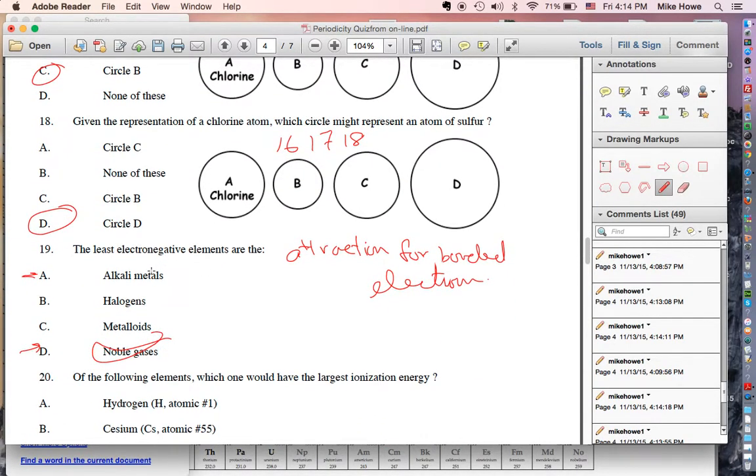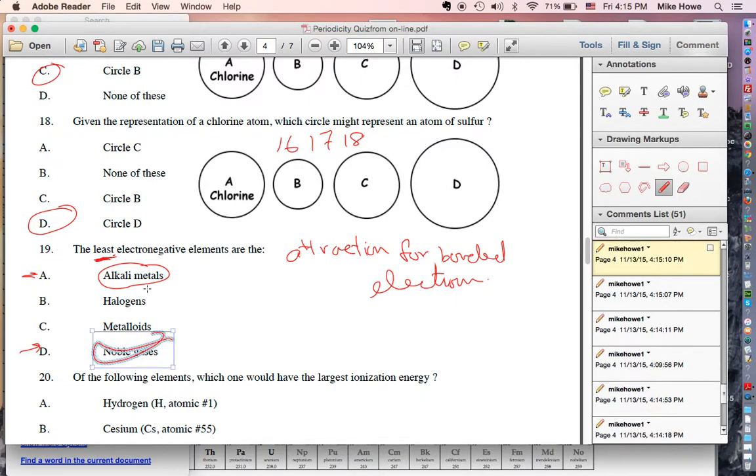However, if you said alkali metals, I took that because within a period, the general trend is they go from big to small, from small electronegativity to large electronegativity. So the least electronegative, as I asked for here, would be on the left side if you just know that trend. So I took either answer here.